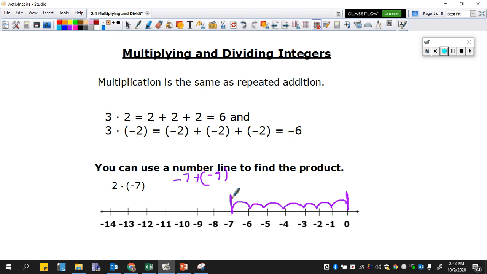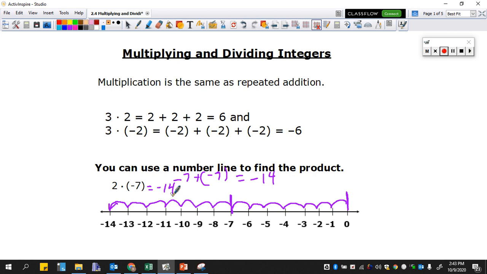So that's that first negative 7, plus another negative 7. Negative means you go to the left. 1, 2, 3, 4, 5, 6, and 7. And we end up at negative 14. So 2 times negative 7 is negative 14.